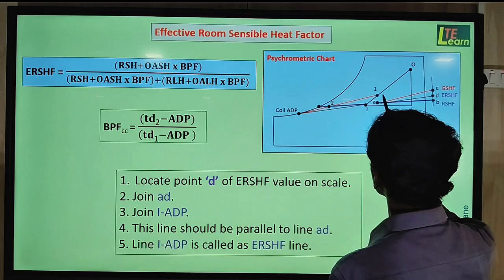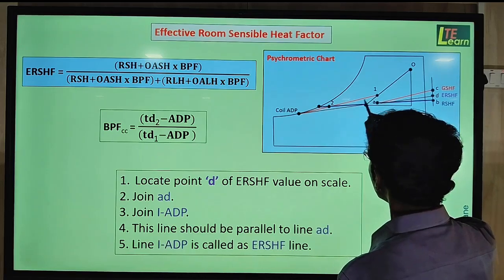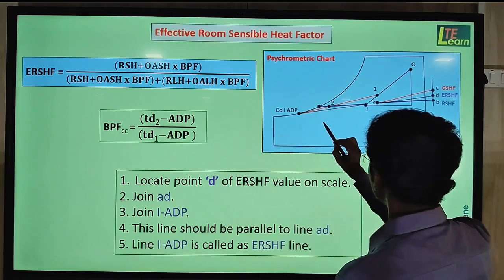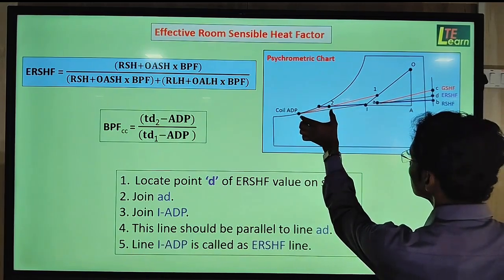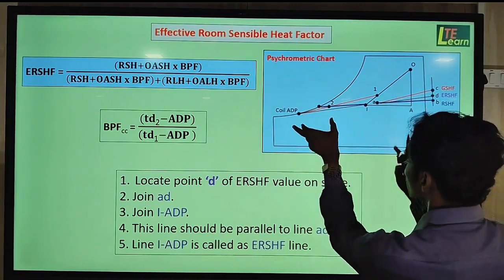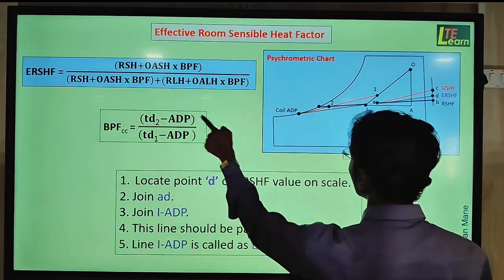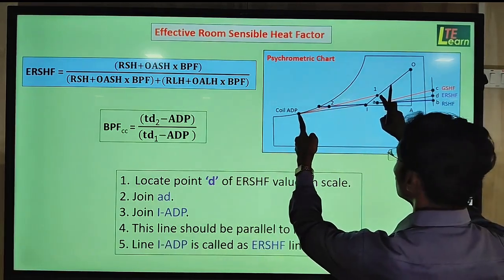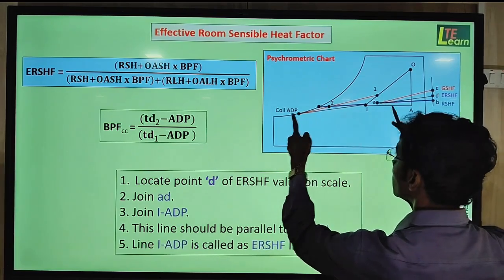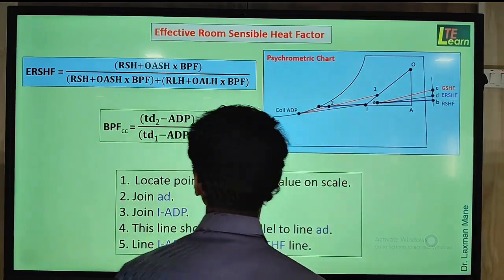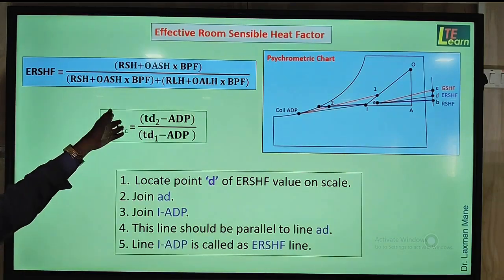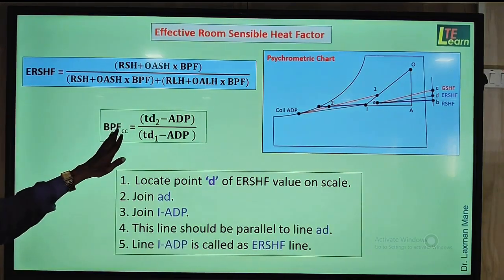The direction of the process is from 1 towards ADP. So opposite difference divided by total difference. So opposite difference is what? TD2 minus ADP, divided by total difference, TD1 minus ADP. So by doing the calculation we get the bypass factor.